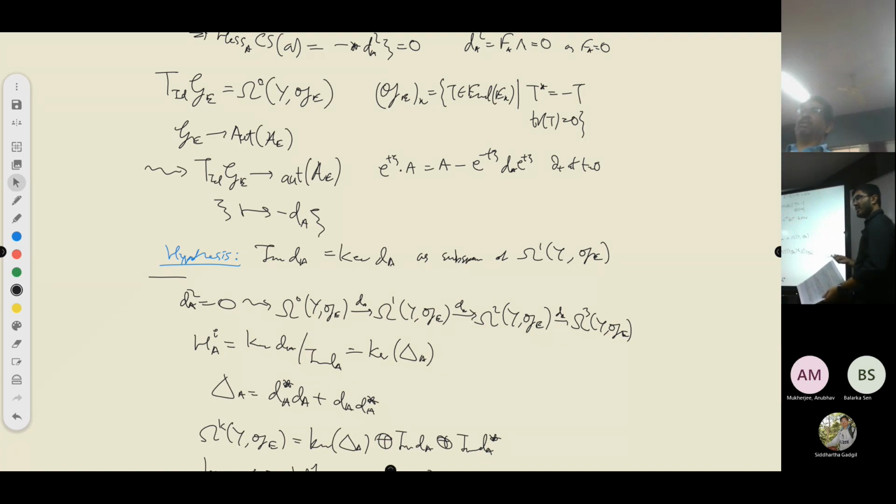If your connection is flat, if it's the trivial connection, then H0 is going to be one-dimensional regardless of what 3-manifold you choose. So your hypothesis of H0 vanishing doesn't hold for the trivial connection.